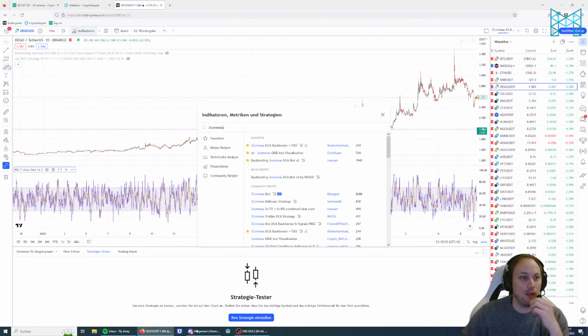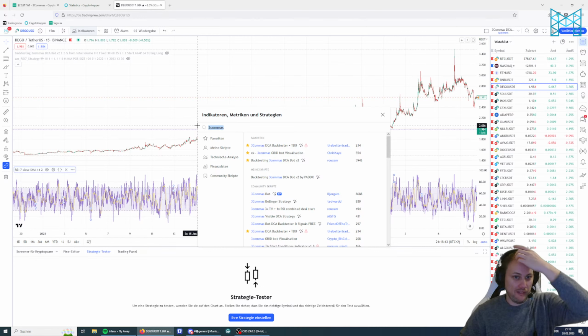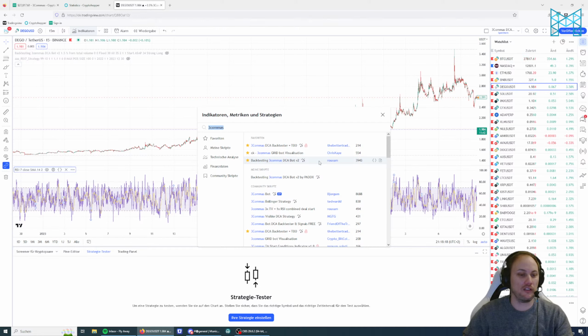So, and therefore I have 2 different ones I will introduce to you, show you, because I found them as the most useful ones, and of course they're for free. So with these settings you can tell in the indicator strategy, okay, what is the best setting? You can find out how I make the most profit during the last 3 months.